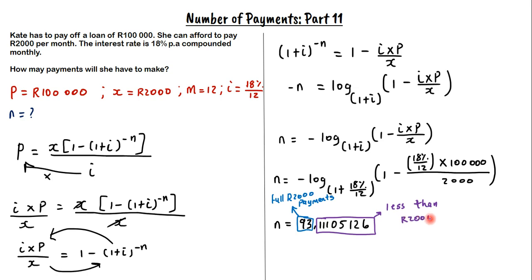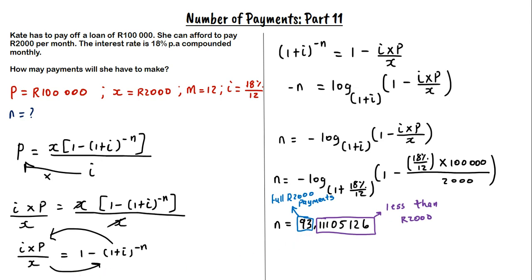Now the question is, how do we know the actual value for that? For that, we're going to have a part where we explain how to calculate it. But for the sake of this video, we just need to find the number of payments. We had 93 full payments and one payment that was less than 2,000.